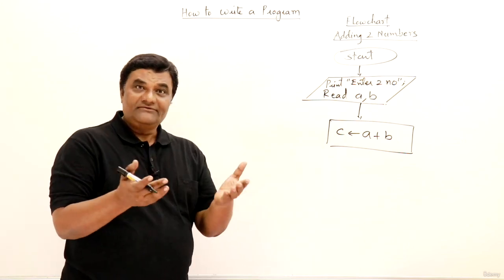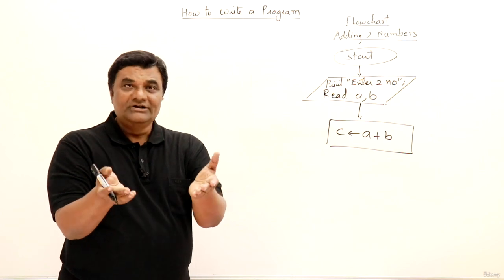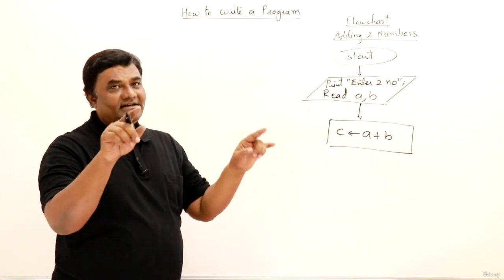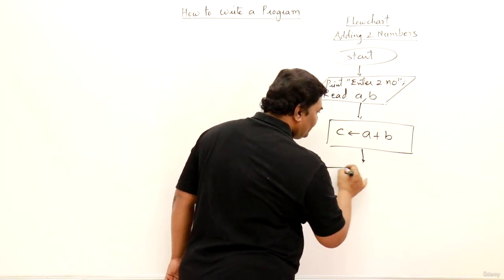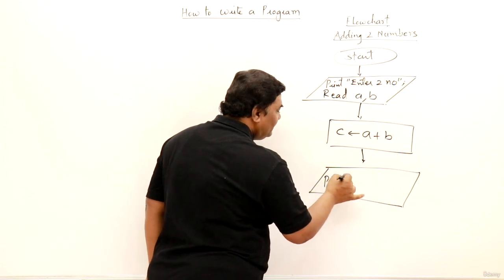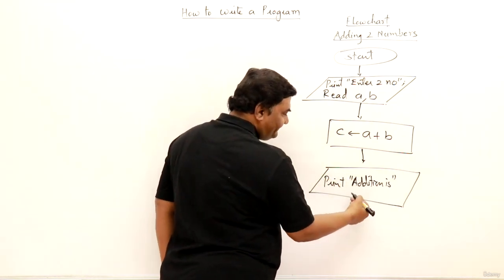Then now I have the result ready. I should give the result to you. Say that sum of two numbers is so and so. So that is output. So for output, again a parallelogram. So I will draw a parallelogram and give an output here. So here I will say print "addition is" in quotes.